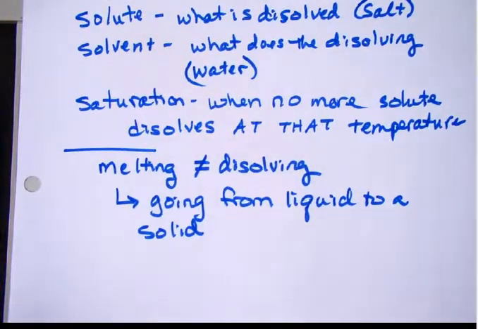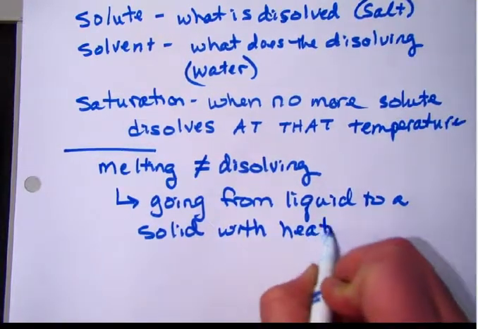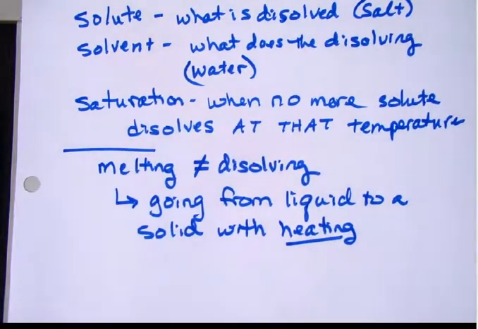But melting only happens with heating. The only way to melt something is to increase its temperature. And while we were stirring in that solvent, at that point in time, we were not changing the temperature. We were dissolving it at a constant temperature.